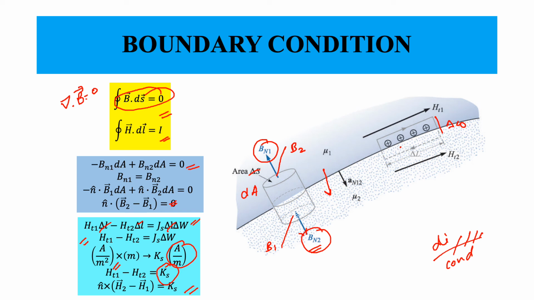If between the magnetic material and the non-magnetic material there are no currents, then the tangential H field will be continuous. But that would not really happen, because there is current that is induced, and that current will maintain the continuity of the H field, because outside the magnetic field HT2 will also be equal to 0. So whatever H field would be there would result in an induced current sheet.